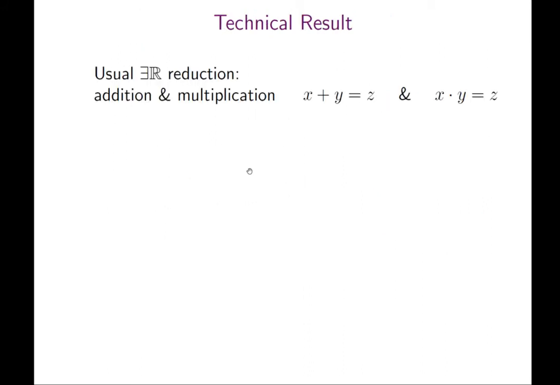Okay, at last I want to show you a technical result, which might be very useful for your existential R reduction. So let me just tell you, if you have an existential R reduction, you might either reduce from an already known problem of geometric kind, or you might directly reduce from ETR.